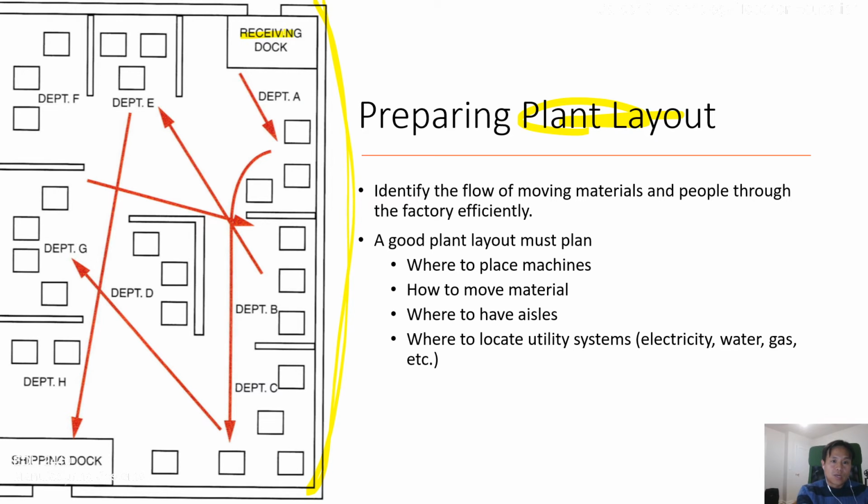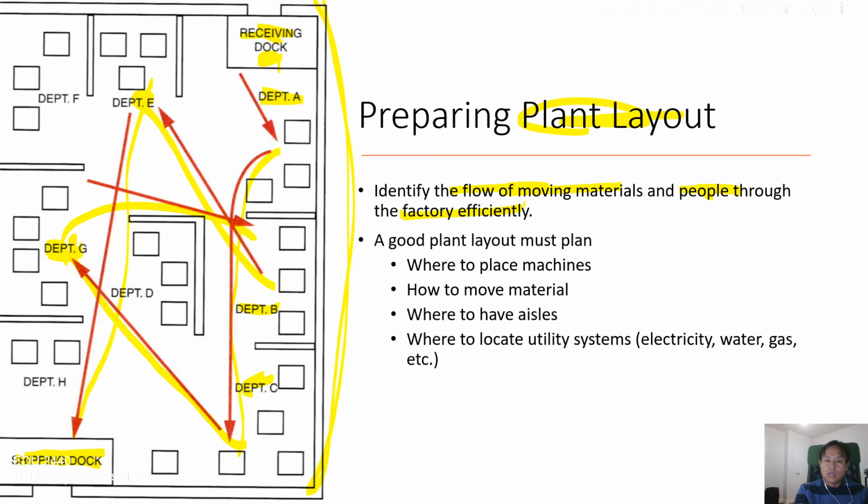Docking received goes to department A, and that moves to department C, and that goes to department G. In another example, department G goes to department B, and B goes to E, then to the shipping dock. This chart also shows the flow of moving material and people, to make the factory efficient.